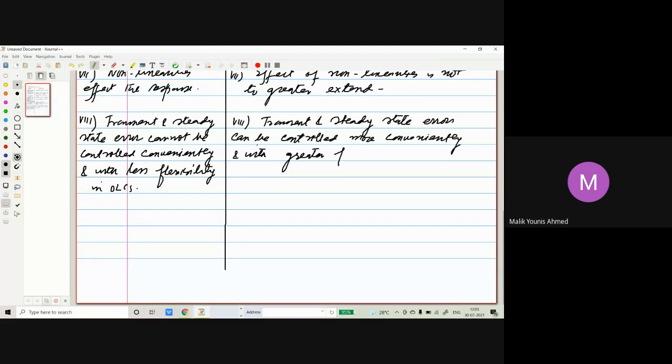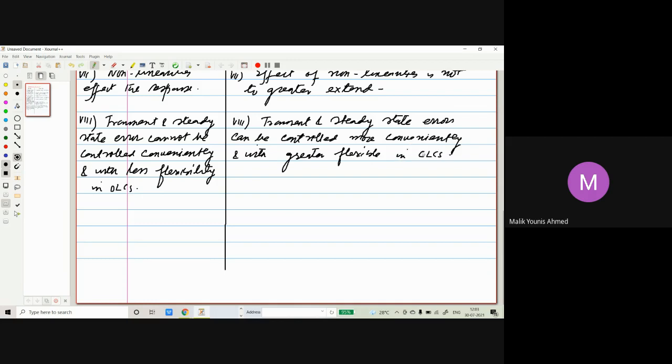That means you can manipulate the system, you can look at the feedback signal, you can nullify that difference between the two. That's the greater flexibility, because you have lots of instrumentation in the feedback in closed loop control system.